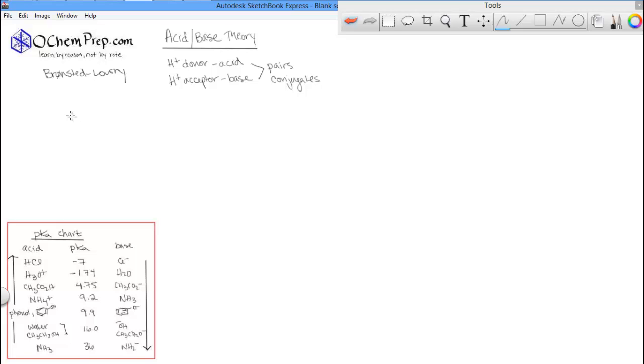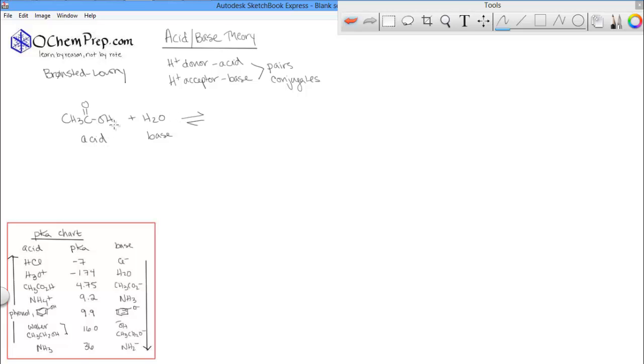So let's look at a common reaction. We're going to put acetic acid, which is vinegar, a carboxylic acid, into water. And of course, it's called an acid because it's an acid. So it's going to lose its proton to the water. So the water is acting as the base.